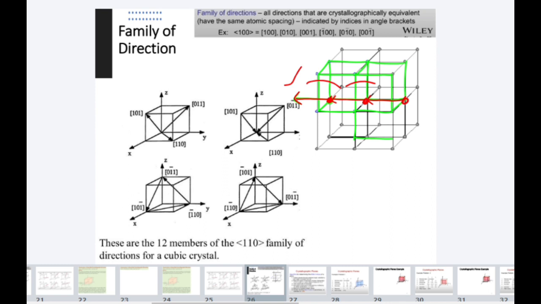Okay, if it is clear, now related to the origin problem, what we have is, if I can have this one as the origin or this one as the origin, it means this line is equal to this line. It will have the same atomic packing factor, right? Or if I want to show this line, it is the same as this line and it is the same as this line. So it means we have some directions which will have the same atomic spacing.